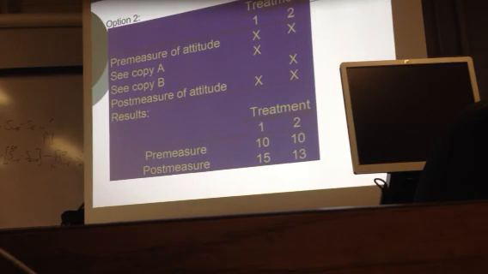So first of all, let's see if we can write the design. So how should I write the design? For the first one, first group, what do they see? This one. So initial attitude. What do I write?